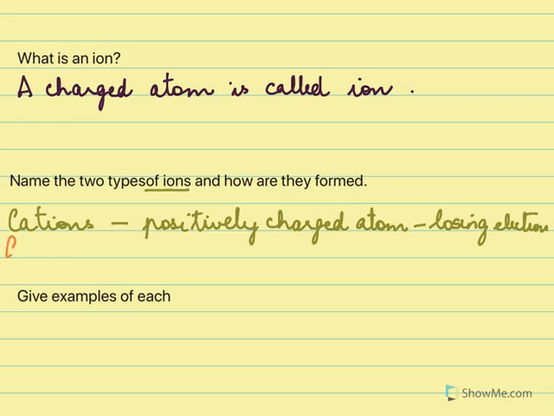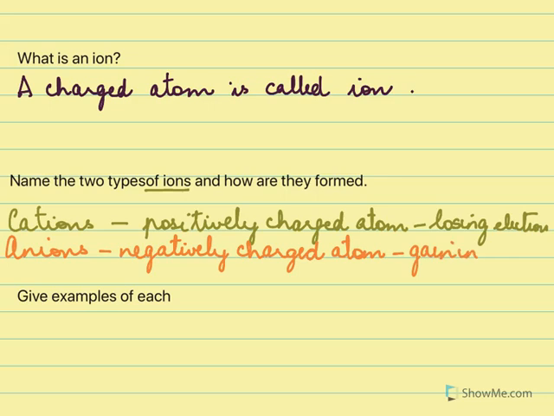And next we have the anions. These are negatively charged atoms, and they are formed on gaining electrons. When atoms gain electrons, you get anions.